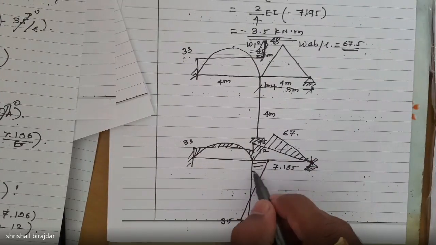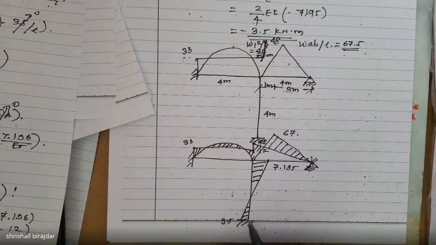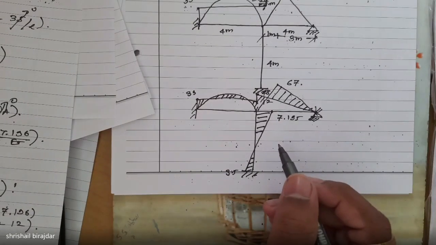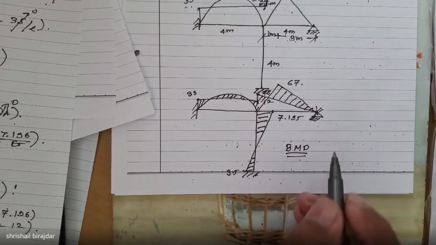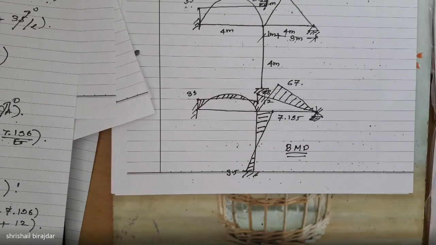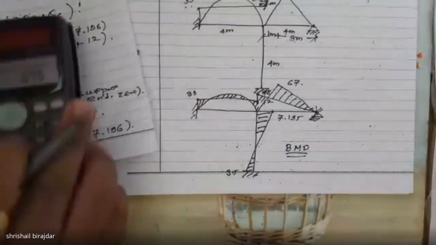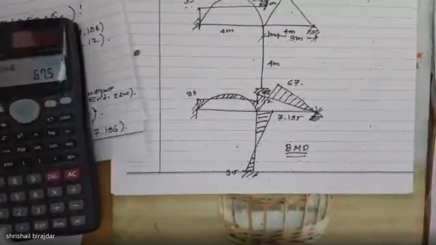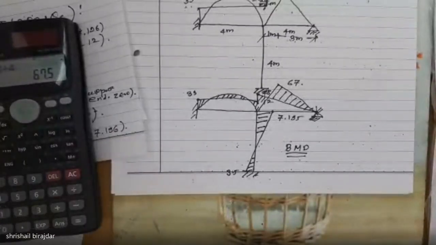Only the hatched portion we use for our calculation. This is the bending moment diagram, BMD. Now see whether we are getting the same result or not with the help of this method. I'm just presenting my screen.